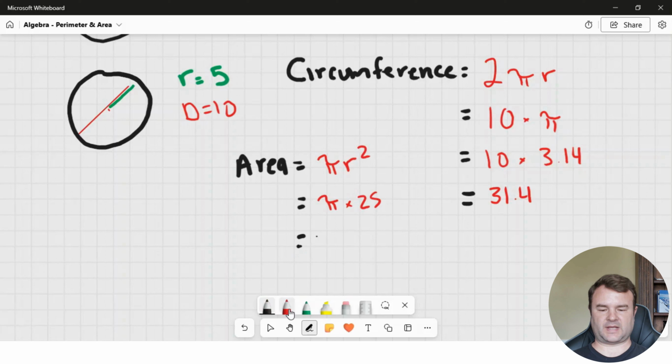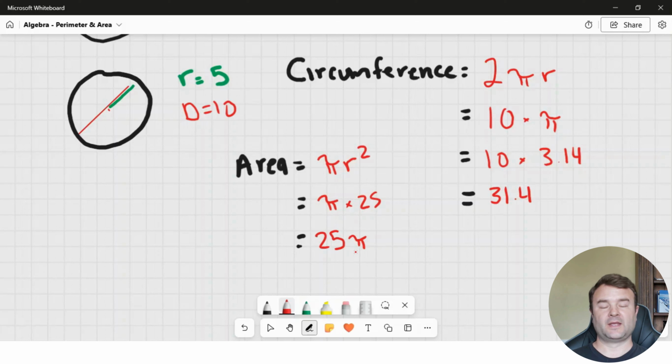And we can just say that the area is 25 pi. Or basically it's going to be a little bit more than 75. But for your teachers, leaving it in these terms, 25 pi is probably fine. And I would accept that as a correct answer if I was your teacher.